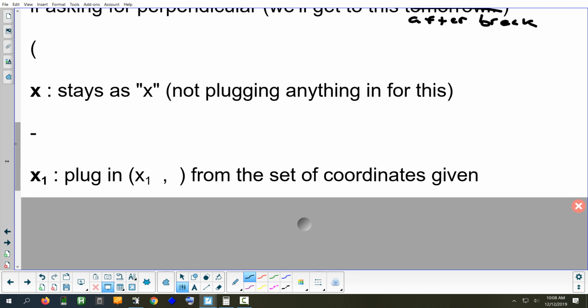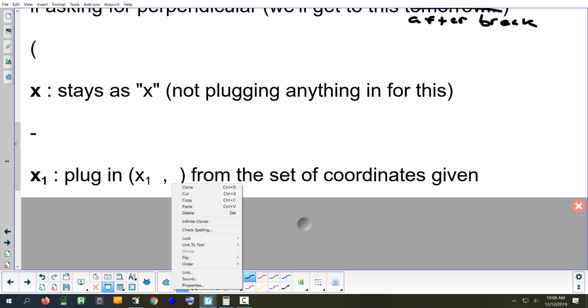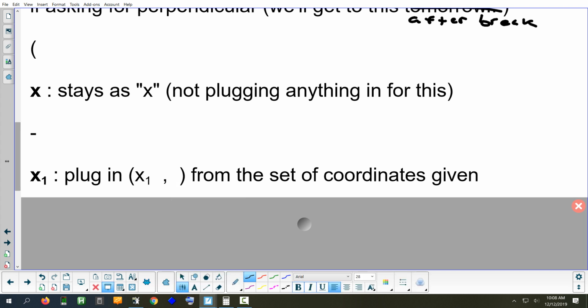So, use the same coordinate that you used for y1, except instead of using the number after the comma, you're using the number before the comma. X1 is the number before. So really, it is the same thing as yesterday. And now you're done plugging stuff in, but what's the last thing you always have to put in the equation?